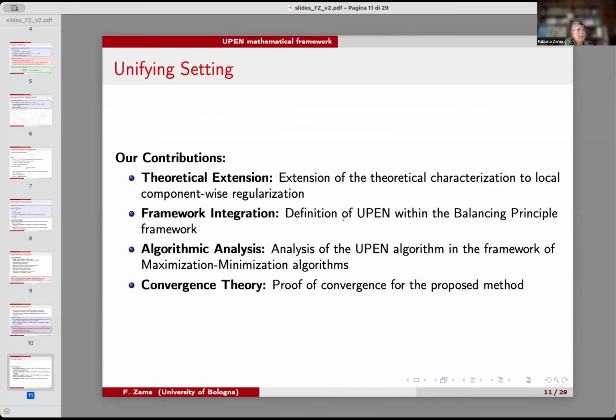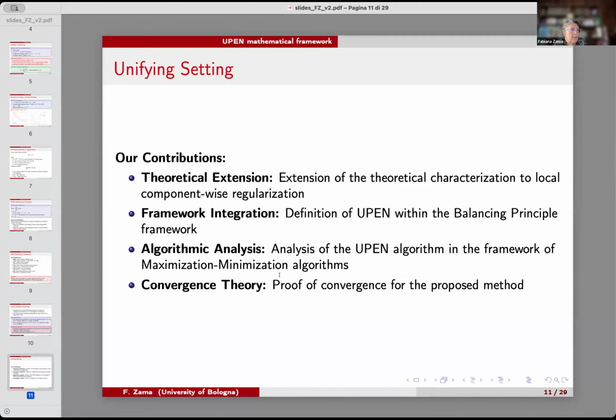We were able to recognize that UPenn is a particular example of the balancing principle, and we were able to prove its convergence in the setting of a particular family of algorithms, the majorization-minimization algorithms, that are very common in neural network optimization, and recently they are applied in this community. And so using all this, we were able to prove at least the convergence.